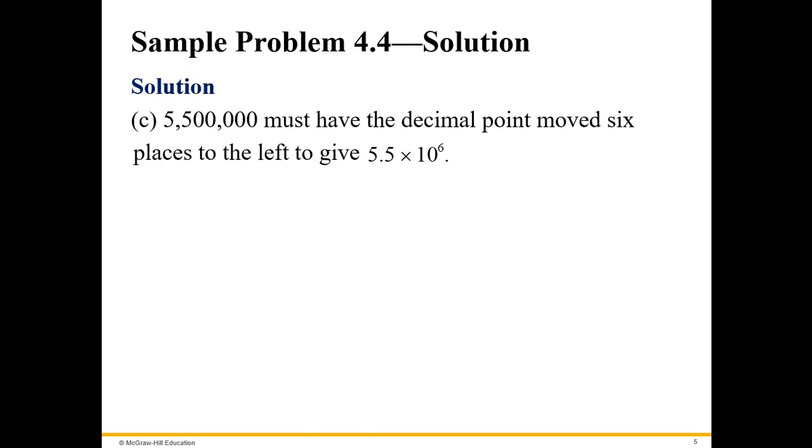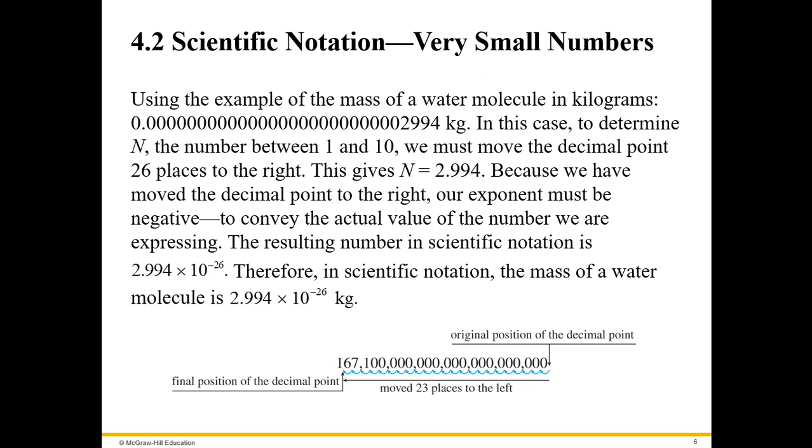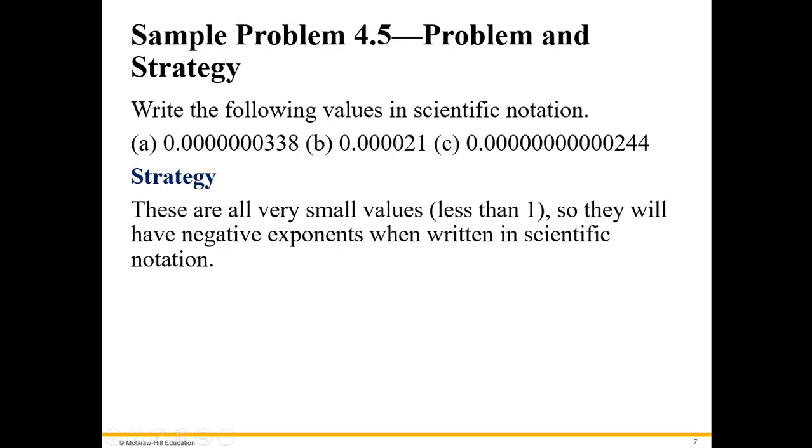Okay, so then let's look at some smaller numbers. By looking at the number, you know you get a negative 10 to the power. Why? Because your number is less than 1. When the number is less than 1, definitely your 10 to the power would be negative. So let's see how many places you move.